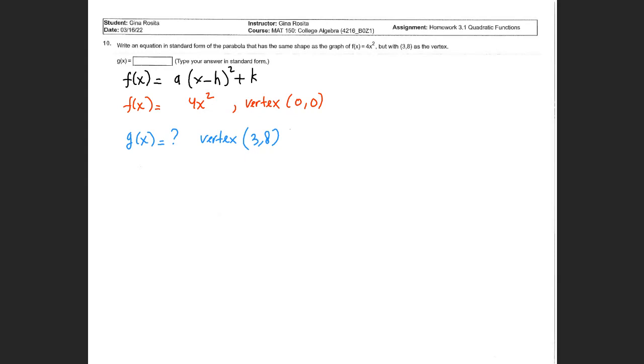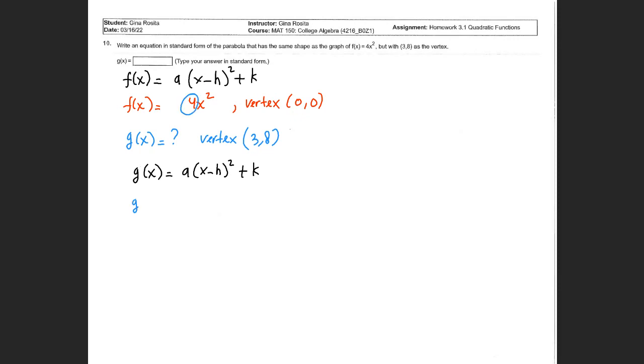Just write down the general formula again: a times the quantity x minus h squared plus k. For this one, we know a is 4.